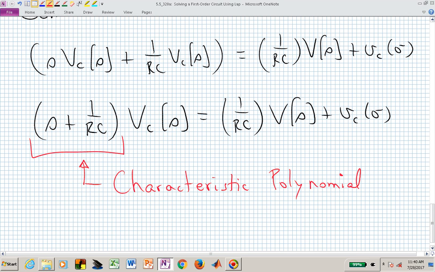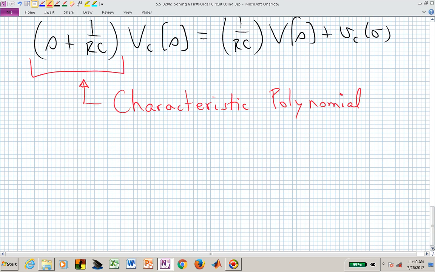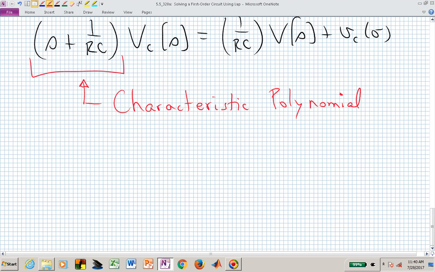In this case, it's going to be a real value of s that makes that polynomial equal 0, which says that if we have a real value of s for a root of our characteristic polynomial, that will give us an exponentially decaying weight on all of the other terms, or that will provide our transient behavior in the time domain response.